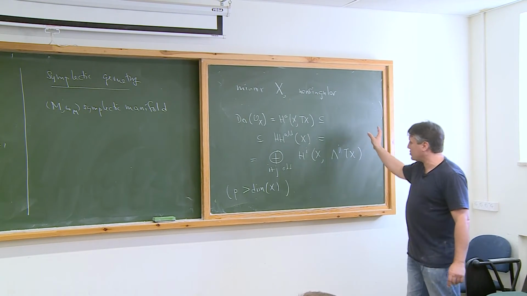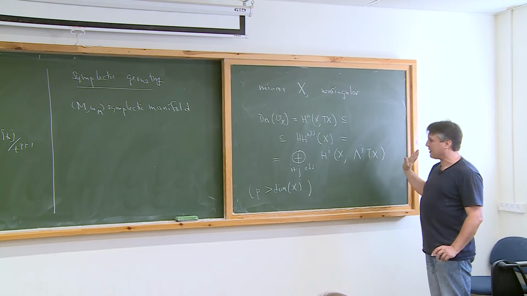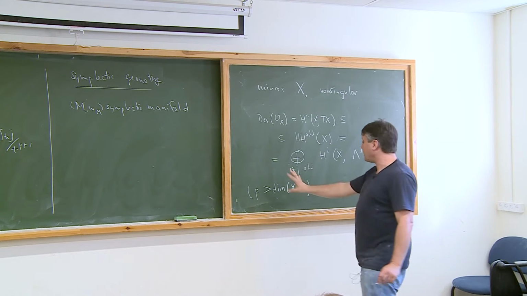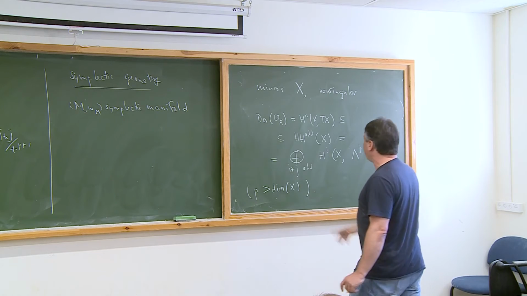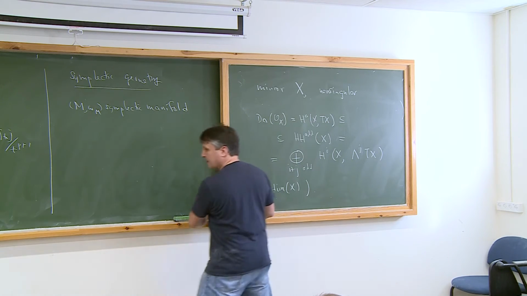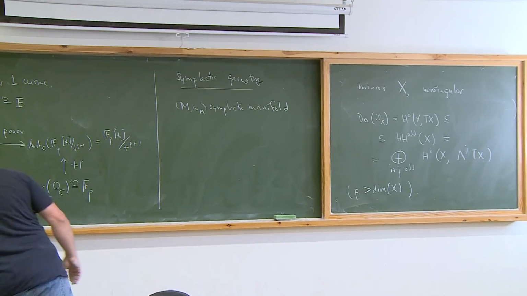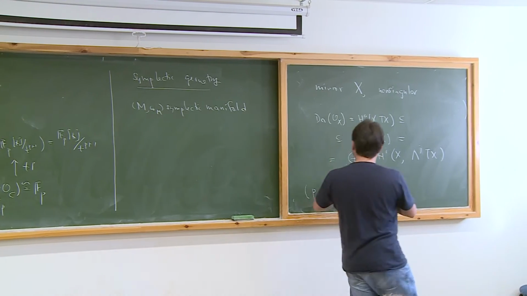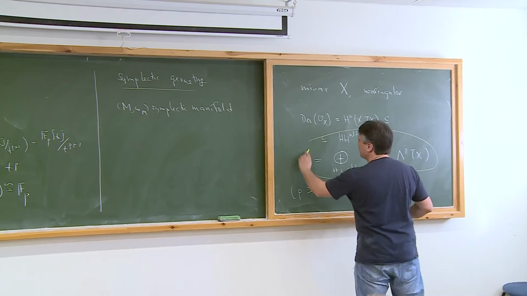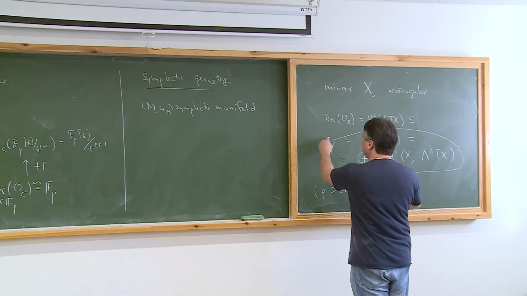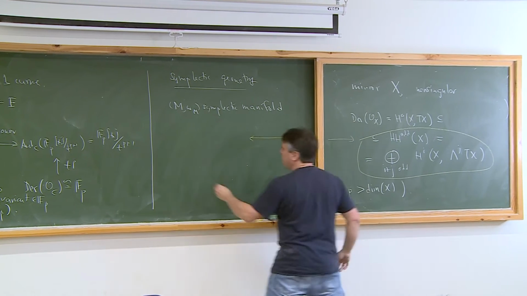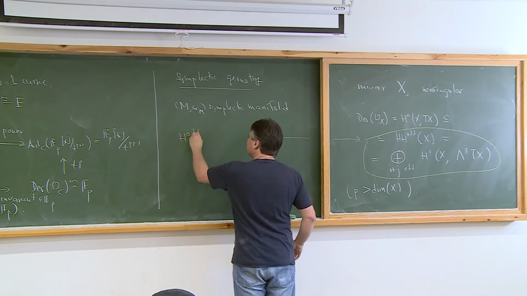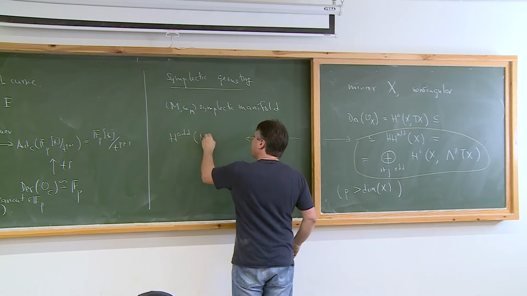I mean, the Hochschild homology is always defined by writing it out as exterior powers of the tangent bundle. That only works if the characteristic is sufficiently large. But anyway, this is part of this, and this one here has a very simple meaning on the mirror symmetry side. So I only used part of it, but I could have used all of it. So this is the odd dimensional homology of X.